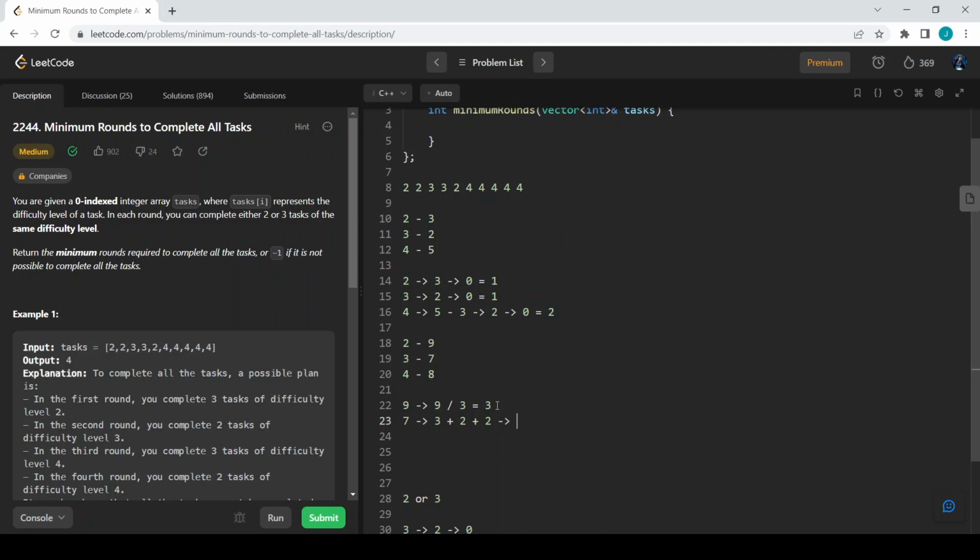This is nothing but 7 by 3, which is nothing but 2 rounds.